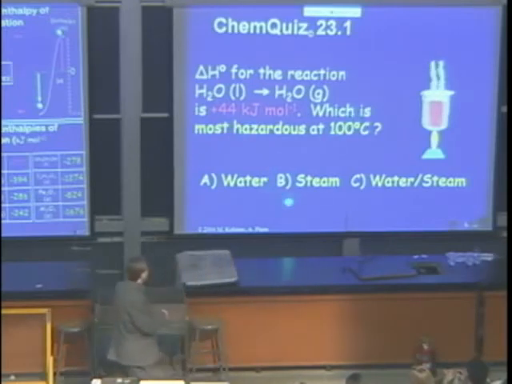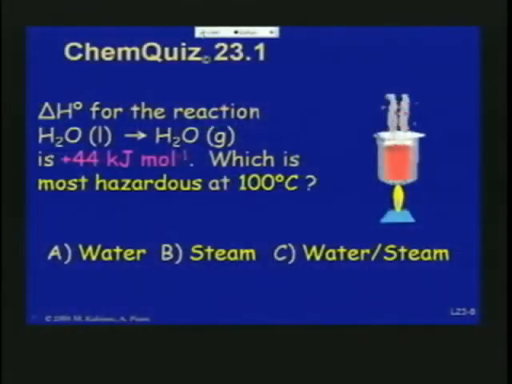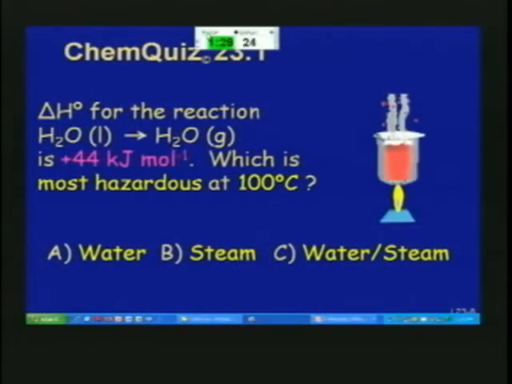Is it the water, is it the steam, or the water and the steam combined? Why don't you think about it? Which one would have more energy? That's probably the most hazardous. And give me your answer, please. So there's an energy of 44 kilojoules per 1 mole of water to 1 mole of gas. It's plus, it's endothermic.